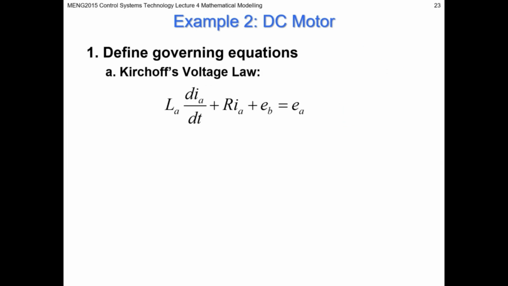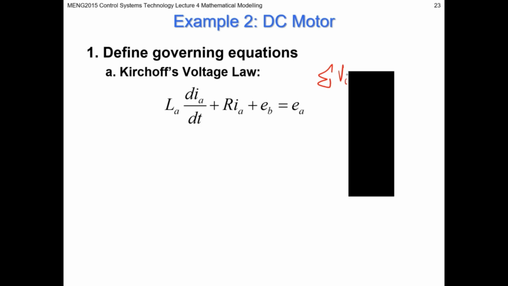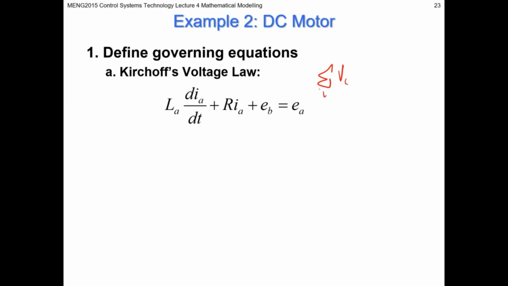Let's get into the governing equations for this system. The first equation we need is Kirchhoff's voltage law. Remember, Kirchhoff's voltage law says that the sum of all the voltages in a circuit equals 0.